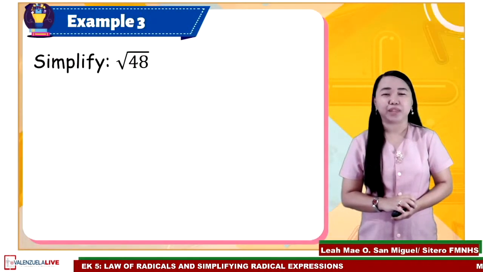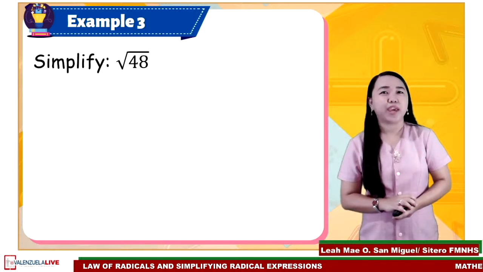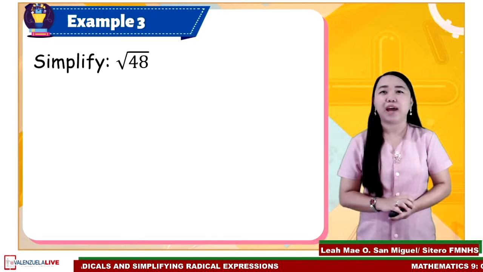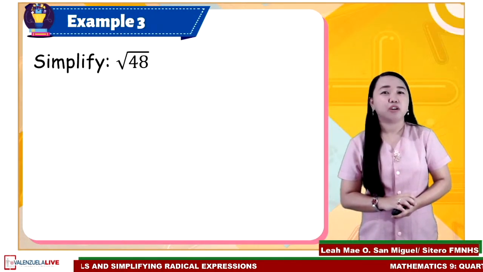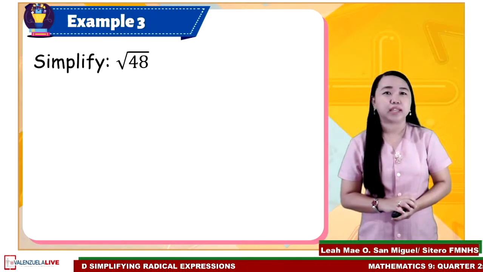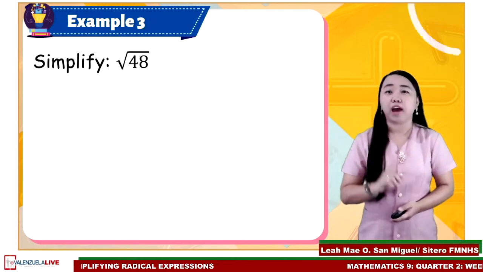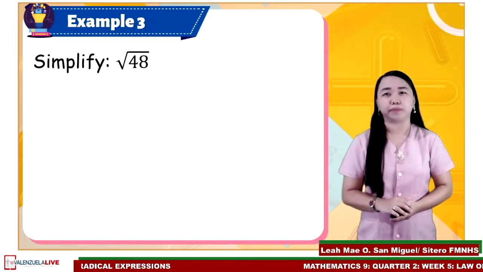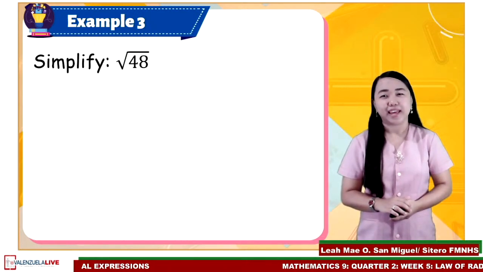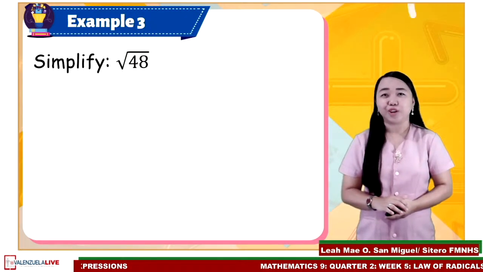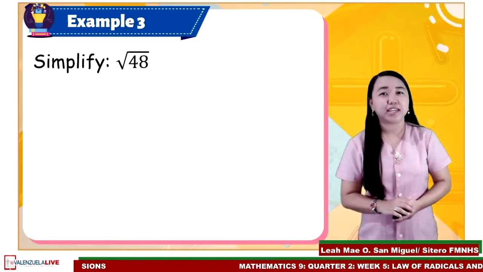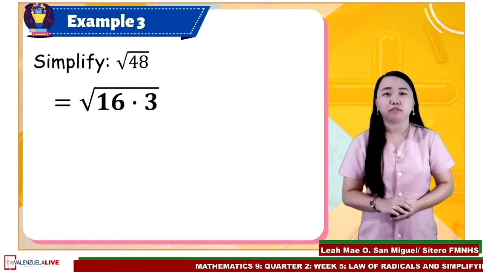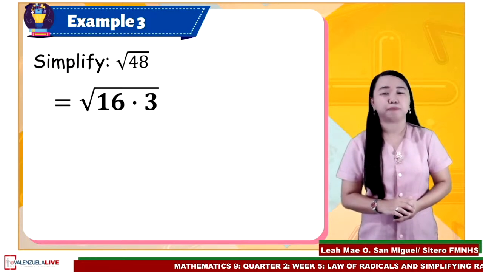Example 3. Simplify the square root of 48. To simplify the radical expression, think of factors of 48 such that one of the factors is its highest perfect square factor. Yes, very good. Those are 16 and 3. So we will have the square root of 16 times 3.